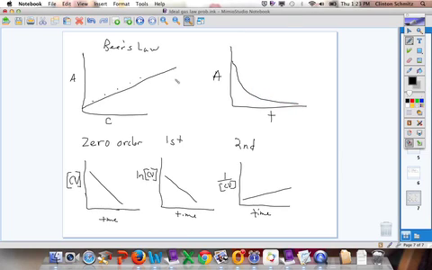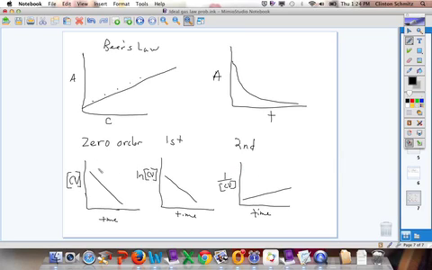So we're going to use this graph right here, and we're going to build 3 more graphs: a graph of concentration of Crystal Violet over time, a graph with the natural log of Crystal Violet over time, and a graph of 1 over Crystal Violet versus time. We're going to see which graph is the most linear.